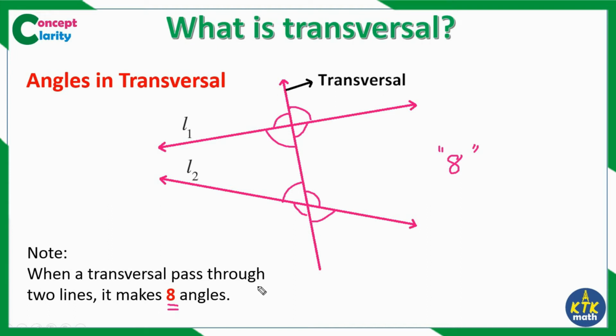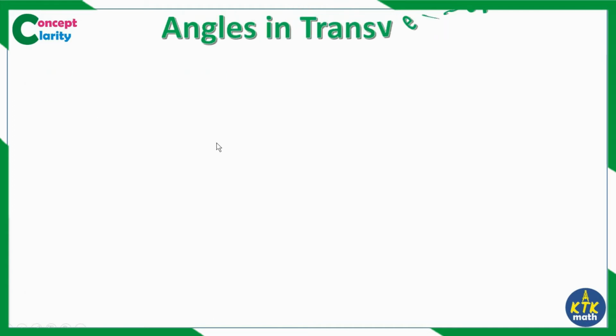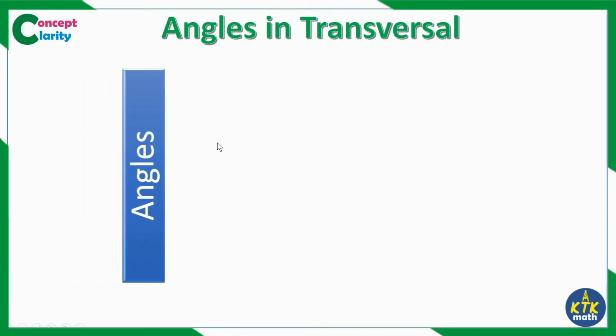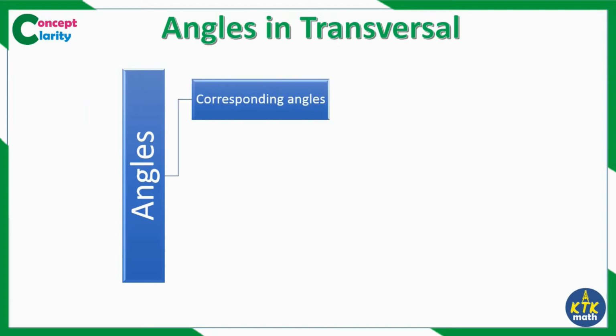Now we are going to learn about the names of angles in a transversal. Here I am going to explain the angle names which we will learn in this video. The first subdivision is corresponding angles. I'll explain what corresponding angles are in the next slide; first you should know the names.